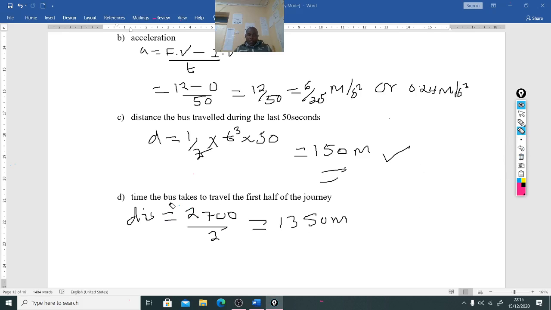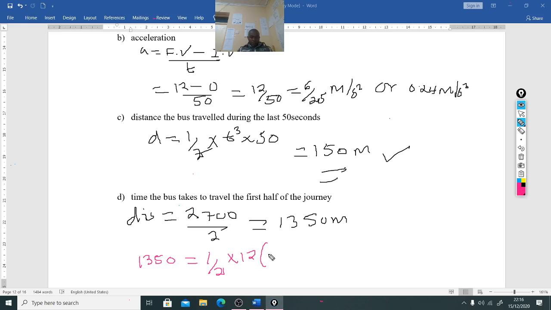So we are asked to find the time the bus takes to travel. So the time that it will take, like I've said, will be now 1350 equals a half times 12, because that becomes the height, into brackets.